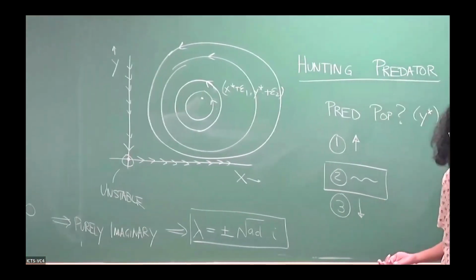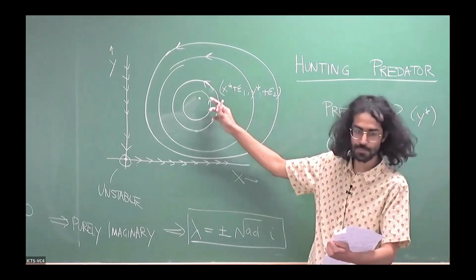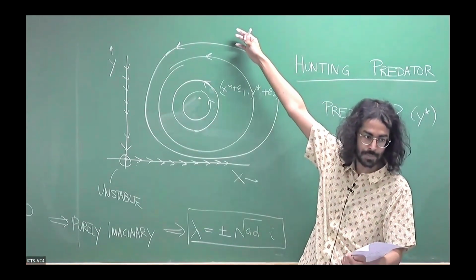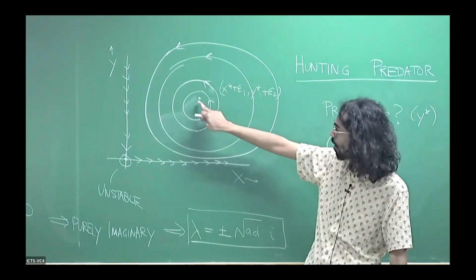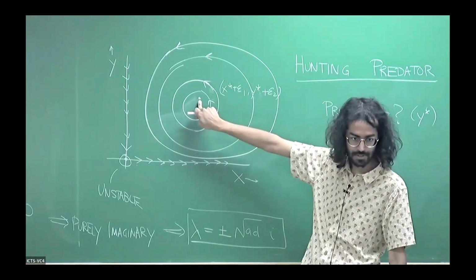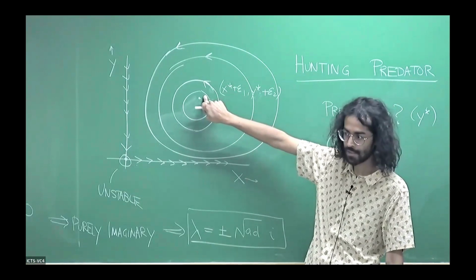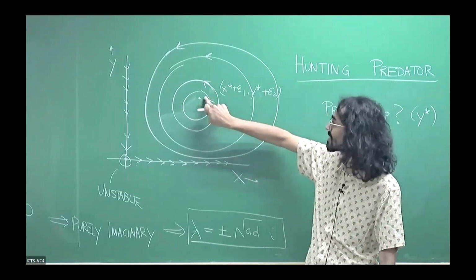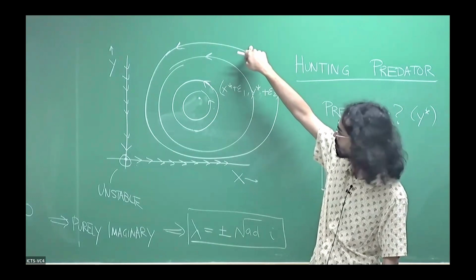If we have linear equations, then linear stability close to the fixed point also tells us the behavior far away from the fixed point. Then there's the nonlinear equation where you go a little bit far away from the fixed point and you get purely imaginary eigenvalues, but that doesn't have to give you closed orbits.